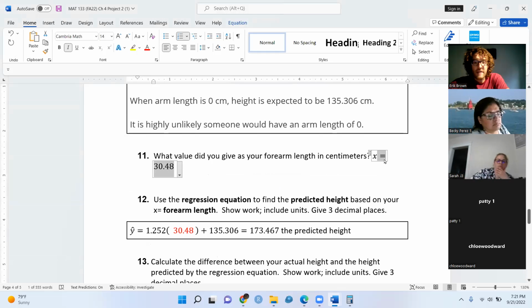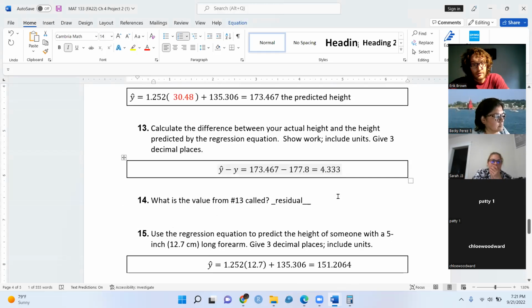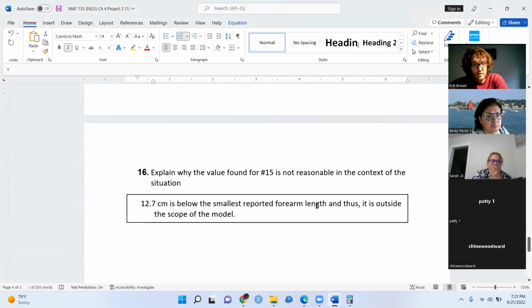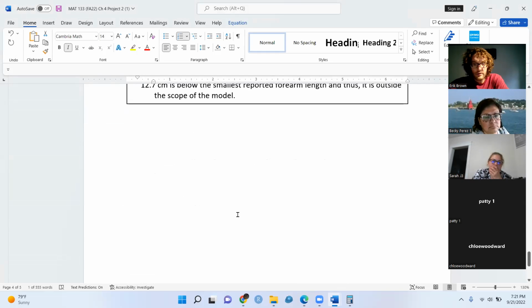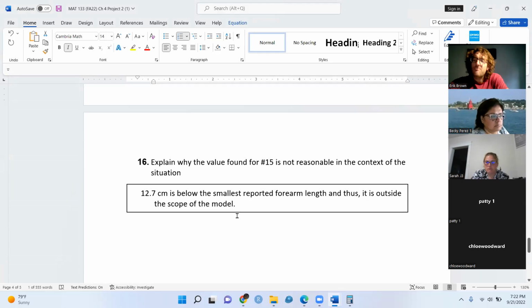You know how to take a value and plug it in and predict it. You haven't worked on residual yet. You probably haven't talked about scope of the model yet. So that's the whole project, and that's part of what makes this a little wonky.